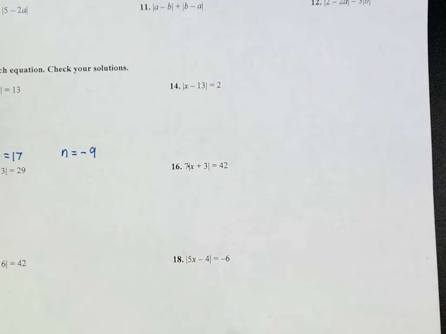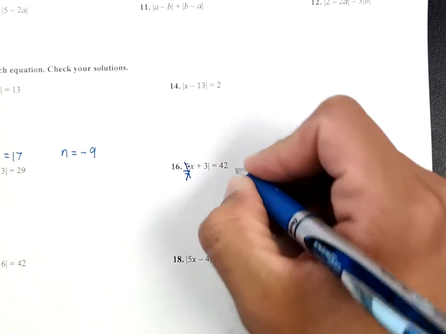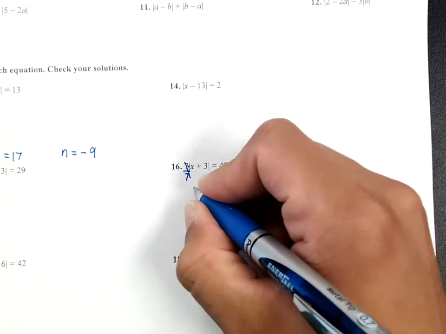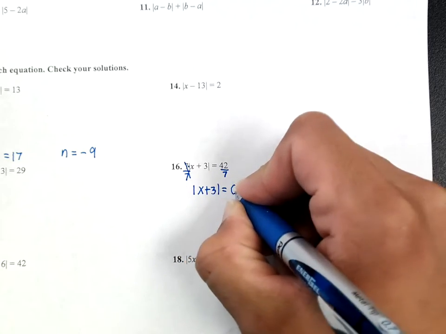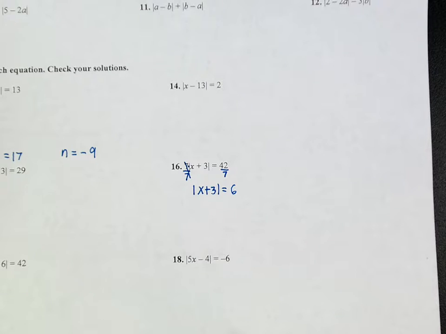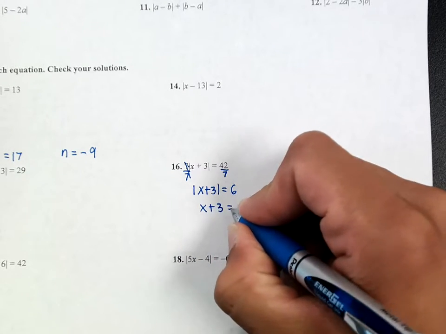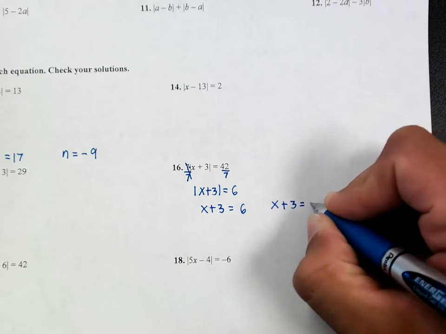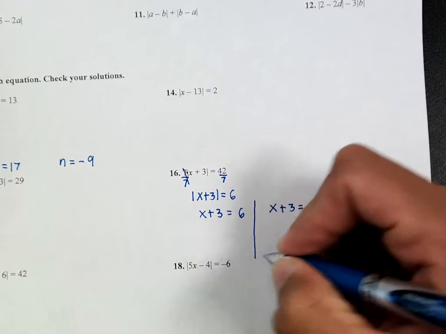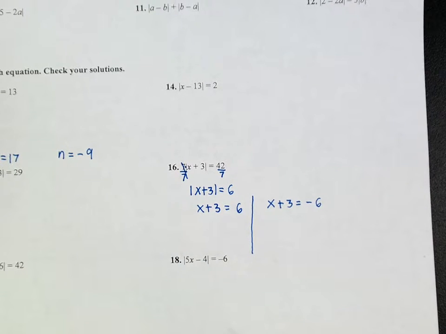Yes, divide is the way to get rid of it. I'm going to start off by dividing by 7. Now I have the absolute value of x plus 3 is equal to 6. Then how do you solve this? You have x plus 3 is equal to 6, and x plus 3 is equal to negative 6. Two cases. Very simple. Then you solve each one, and there's your answer.